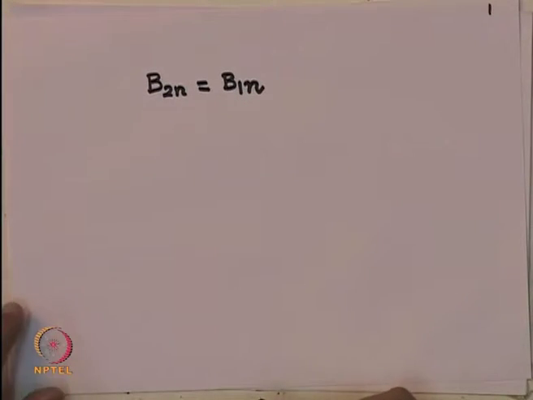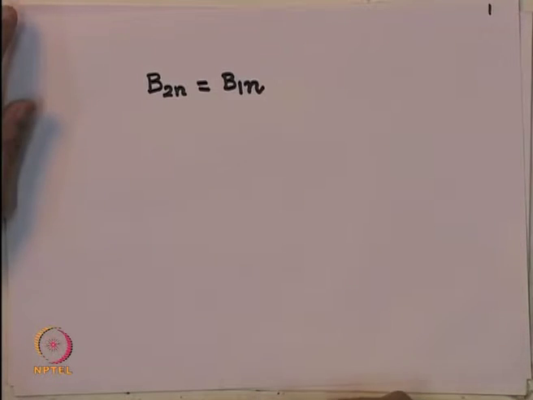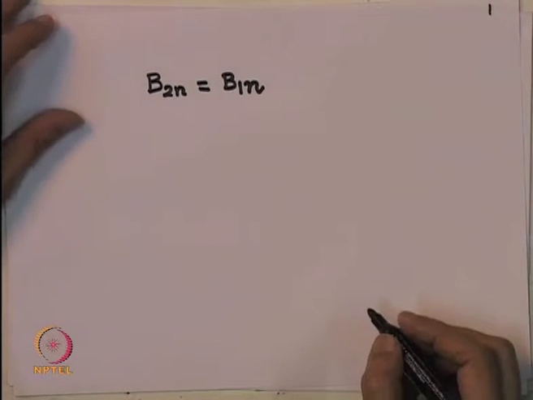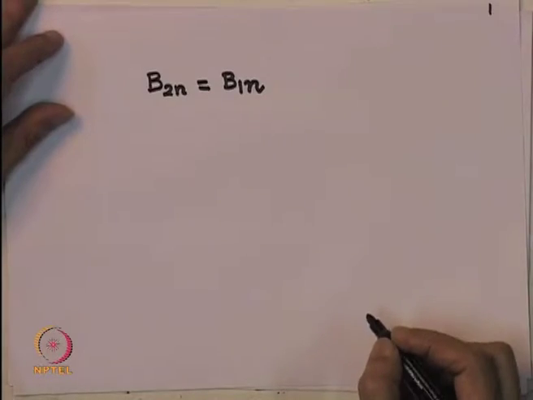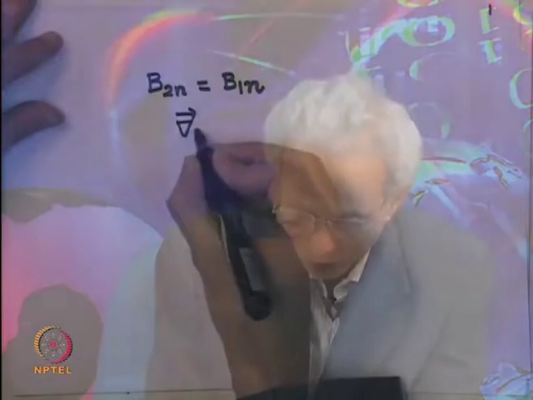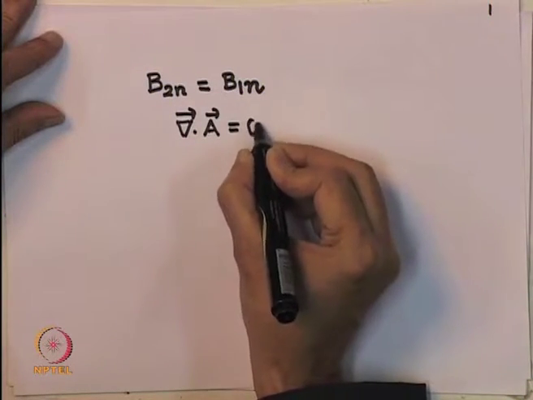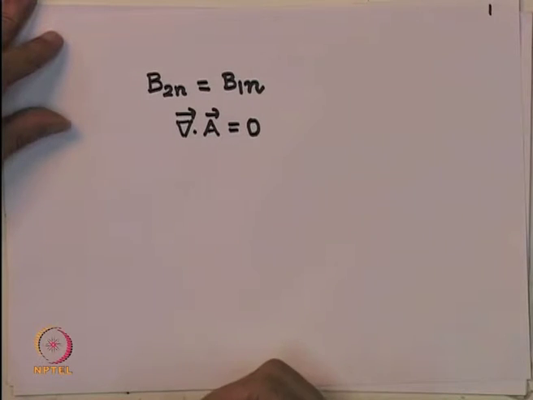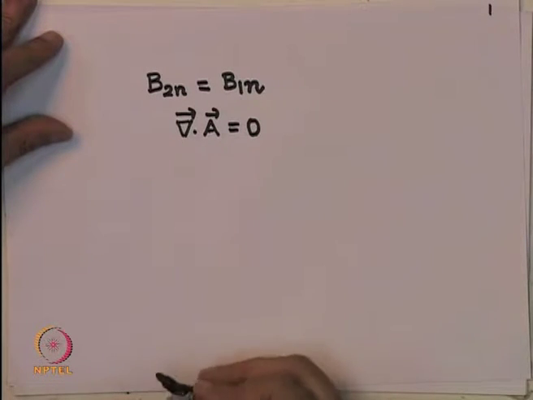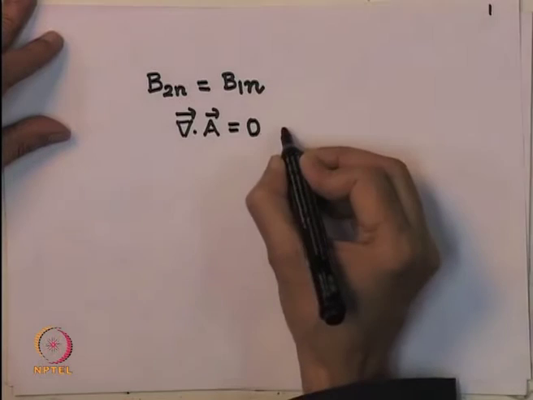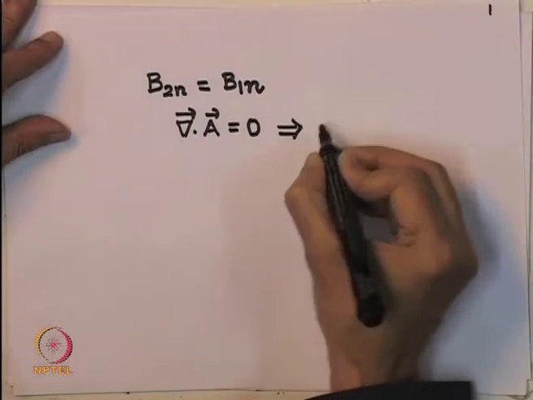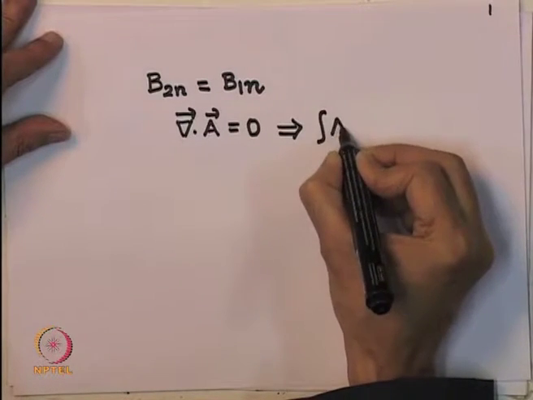The second relation that we want is for, supposing I am working in Coulomb gauge. Now, we have seen that the Coulomb gauge means del dot A is equal to 0. And just as del dot B equal to 0 gave me integral B dot dS equal to 0, this will give me integral of A dot dS equal to 0.